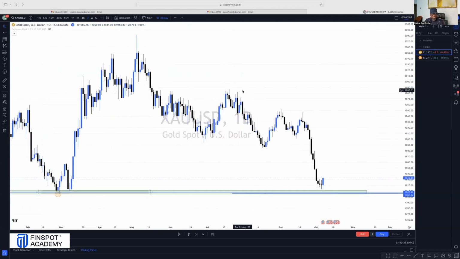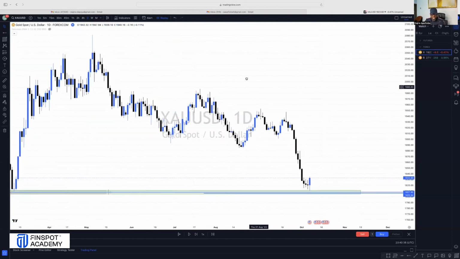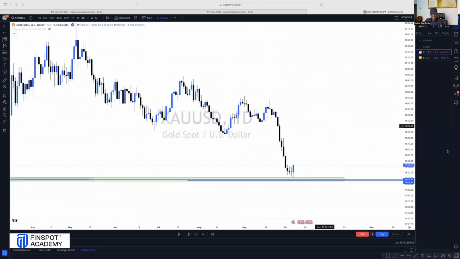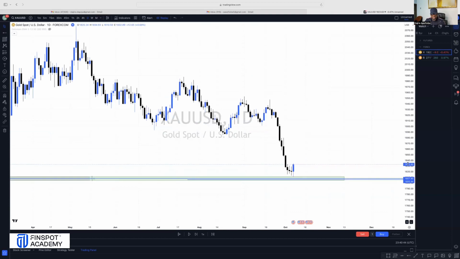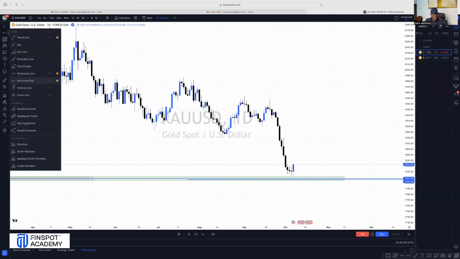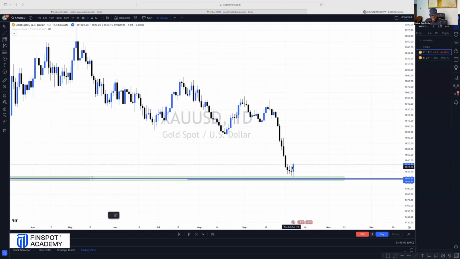Now, looking at this chart, we're on the daily, it becomes so interesting for me to see what price is doing. The first thing I saw at close of day of Friday was this change of character, and you saw price actually broke above.